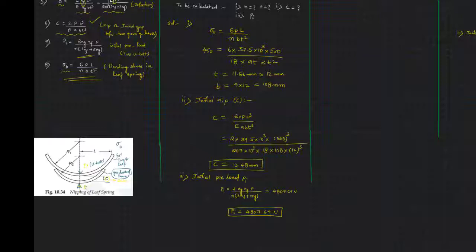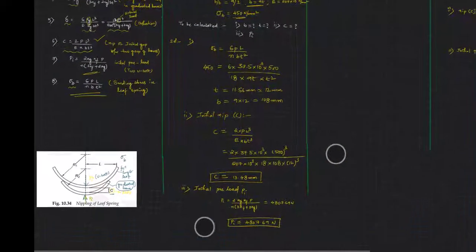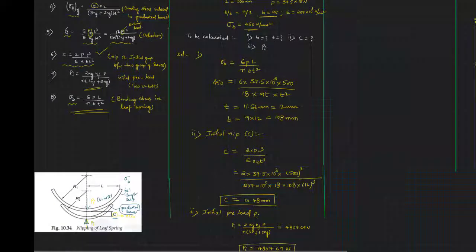That much load should be applied when you are initially tightening the U-bolt. So this is how you can do it. Hope you have got this problem, and I'll also be giving you one additional problem. Please go through that problem and try to solve it.